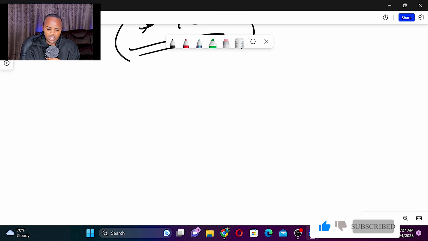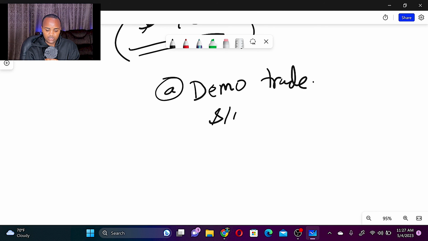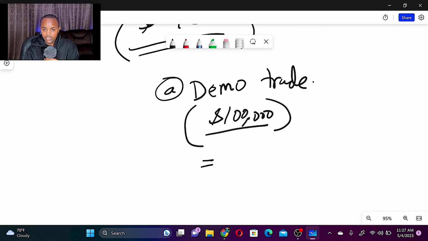Number one, make sure that you demo trade first of all. And when we talk about demo trading, don't demo trade with $100,000. If you are using FXPesa, there is an option where you can reset your demo account. You can download Equity after registering with the link in the description below.